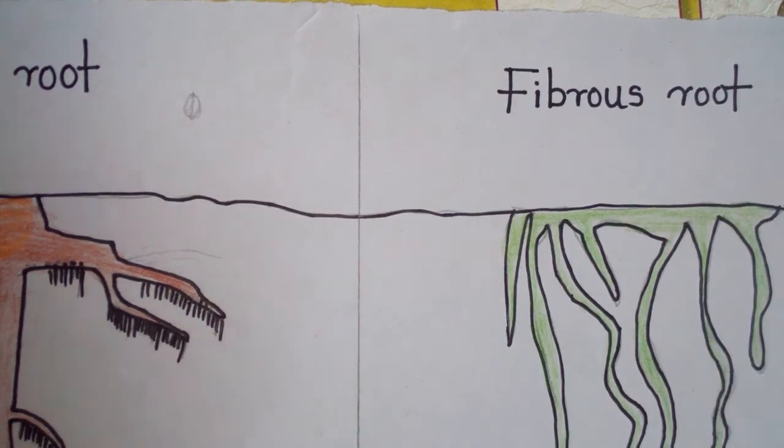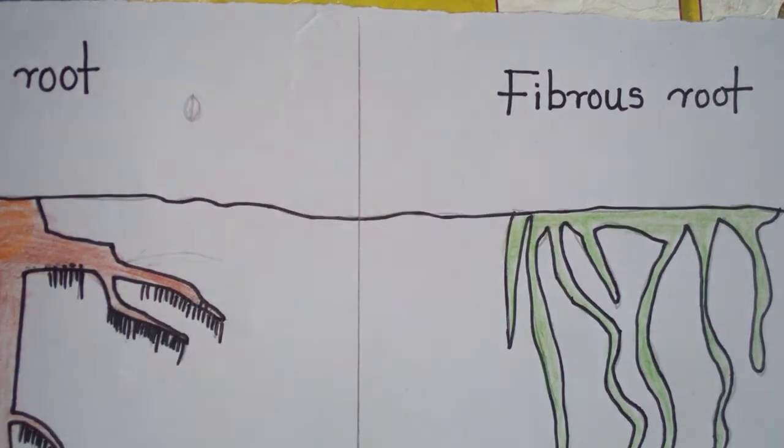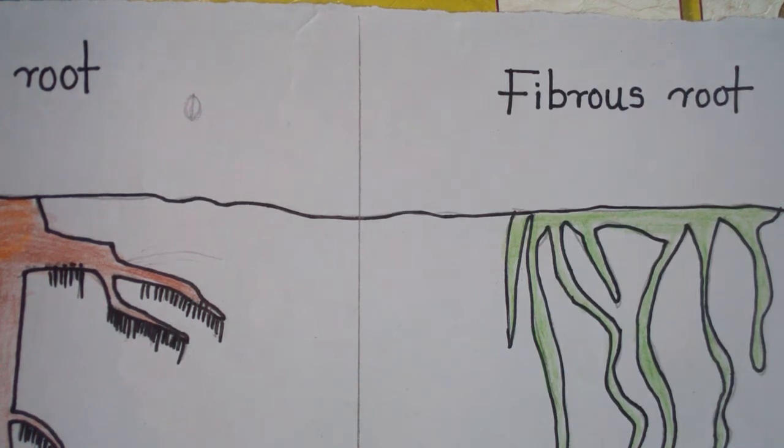That root is said to be the adventitious root, meaning roots that grow immediately below the stem. Understood? And the normal function of the root is absorption of water and minerals, and anchoring and supporting the plants.